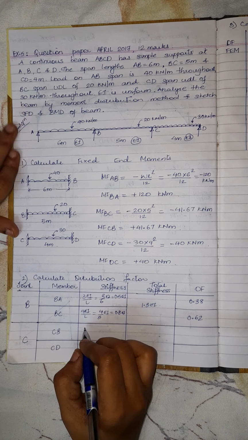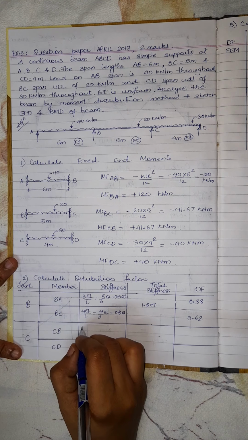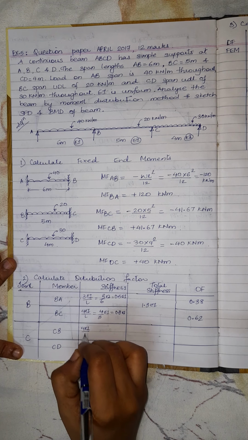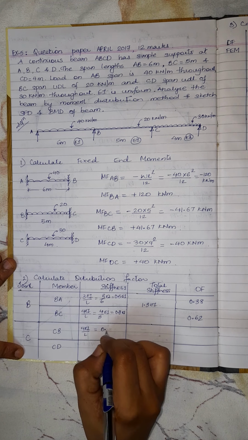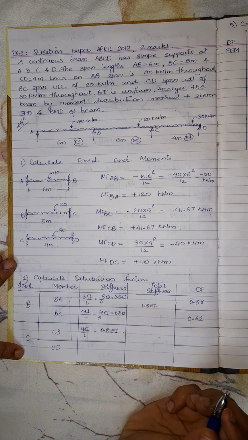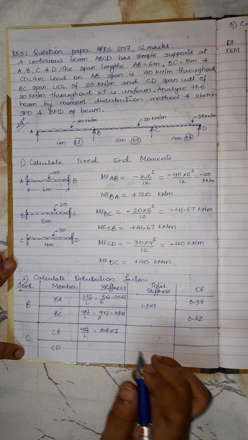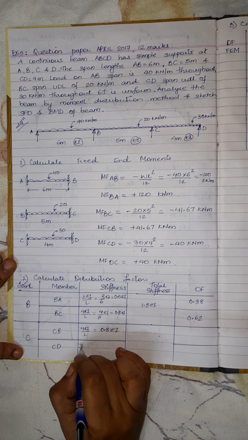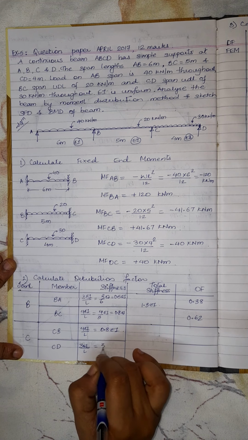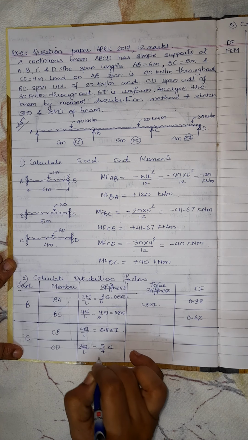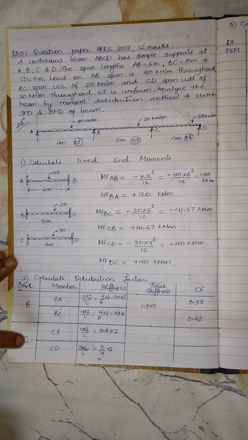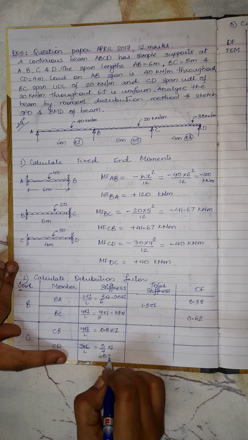Similarly CB, B is continuous over support, so 4 EI by L. So we get 0.8 times EI here. CD, D is simple support, so 3 EI by L. So we get 3 divided by 4 EI, which is equal to 0.75 times EI.